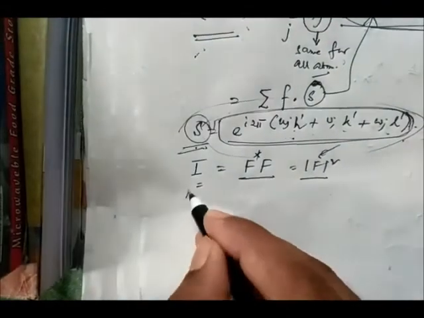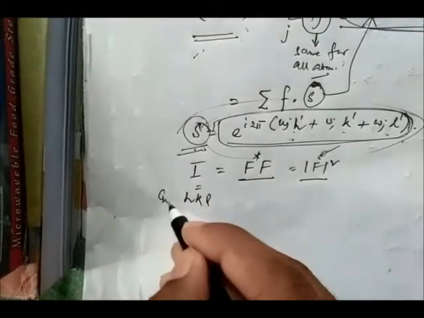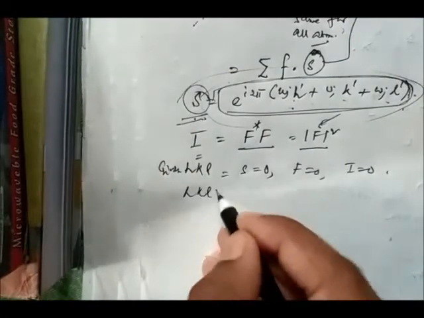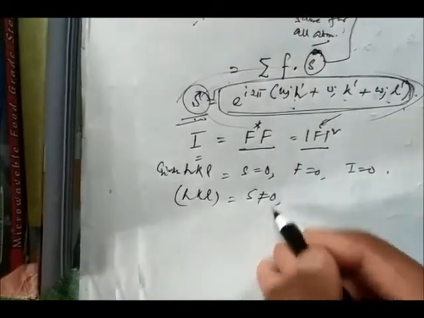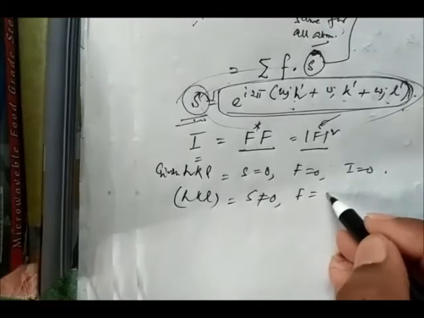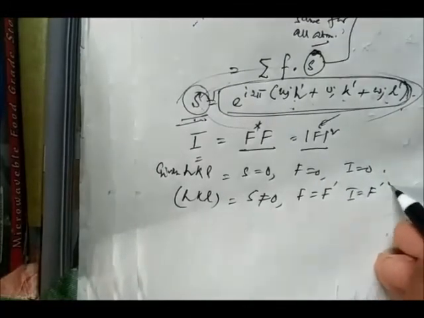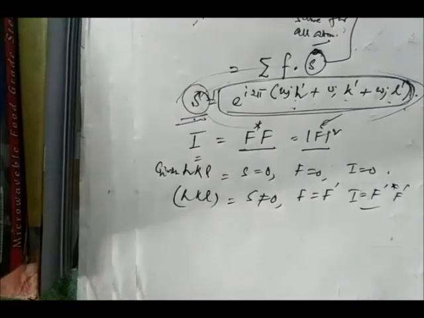So for any given hkl, if S equals 0, then F equals 0, intensity 0. And for a given hkl, if S is not equal to 0, then the structure factor has some value F prime and intensity equals F prime star F prime. Now let us use some example to see when I will get structure factor or not.